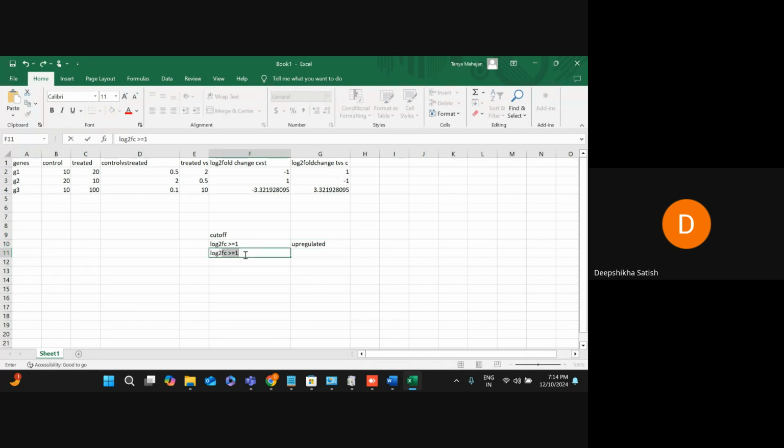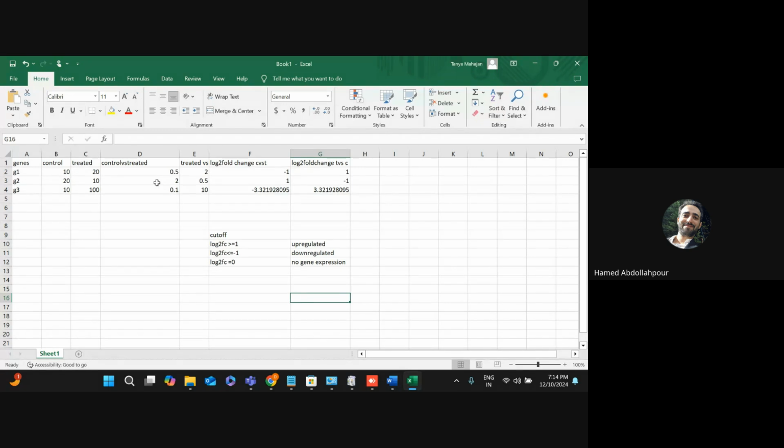And if the log 2 fold change is less than or equal to -1, those are downregulated genes. And if your log 2 fold change value is equal to 0, that means there is no change in gene expression. Are you getting this?